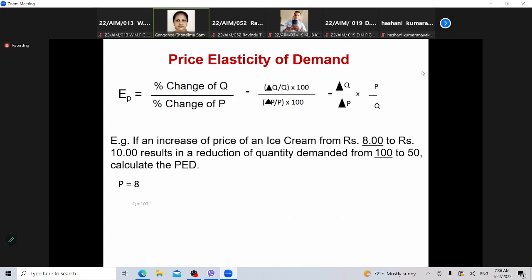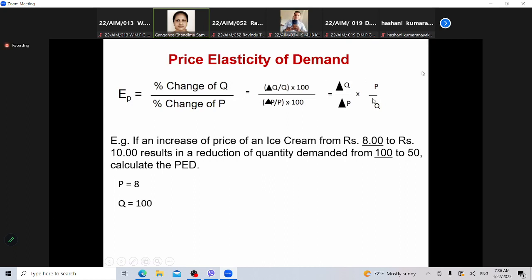In the percentage method, you can draft the equation: percentage change of Q over percentage change of P. The final equation we got is change of Q divided by change of P, multiplied by P divided by Q. This is the equation of price elasticity of demand by the percentage method.